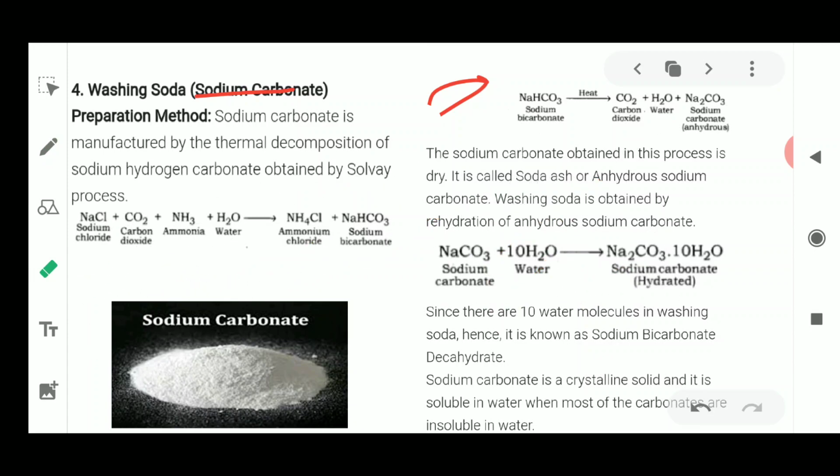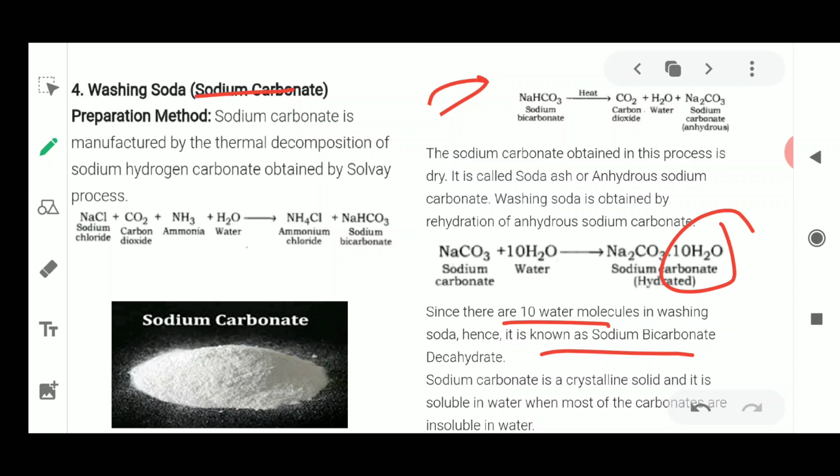In the further slide, I'll discuss what the water of crystallization is. Here it is the number of water molecules: 10 water molecules are always required for making this washing soda. Therefore the name becomes sodium carbonate decahydrate. Why decahydrate? Because 10 water molecules are added to it.